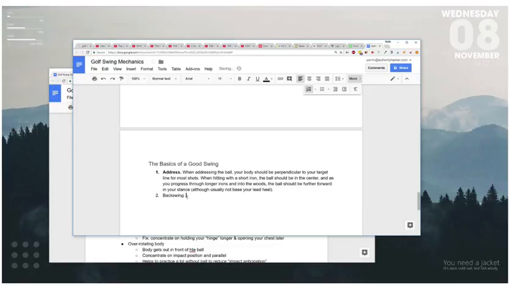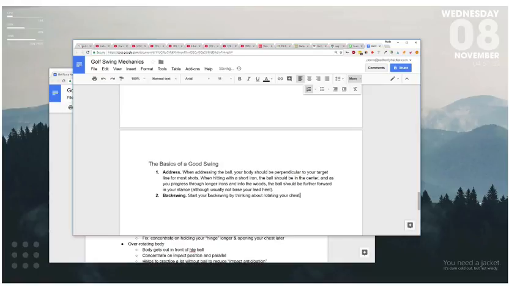Backswing. Bold. Unbold. Start your backswing by thinking about, because we're not really swinging back at the same time, right? We are swinging our chest before our hands, kind of swinging at the same time. But thinking about, this is some advice that I heard from an expert when I was researching the videos.